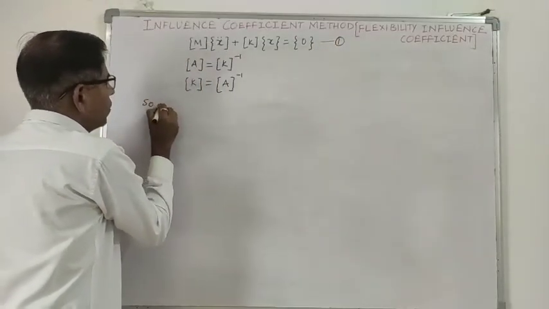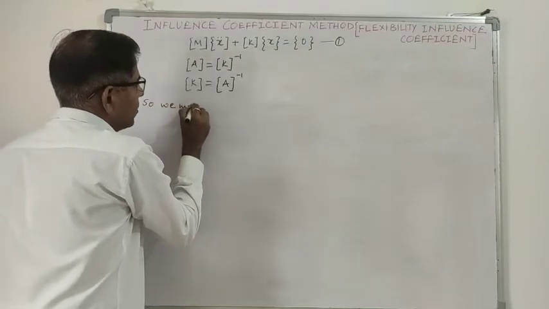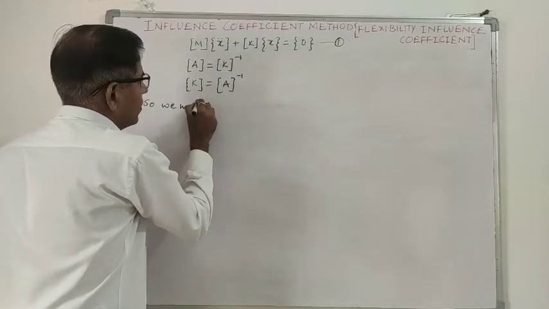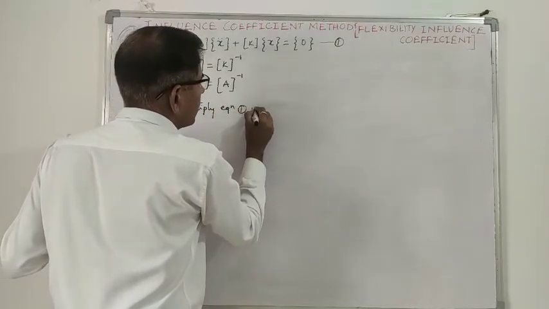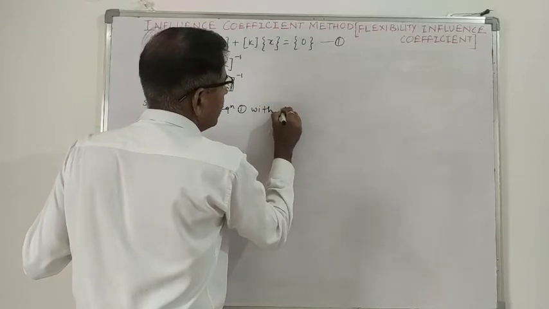So we multiply equation 1 with A inverse.